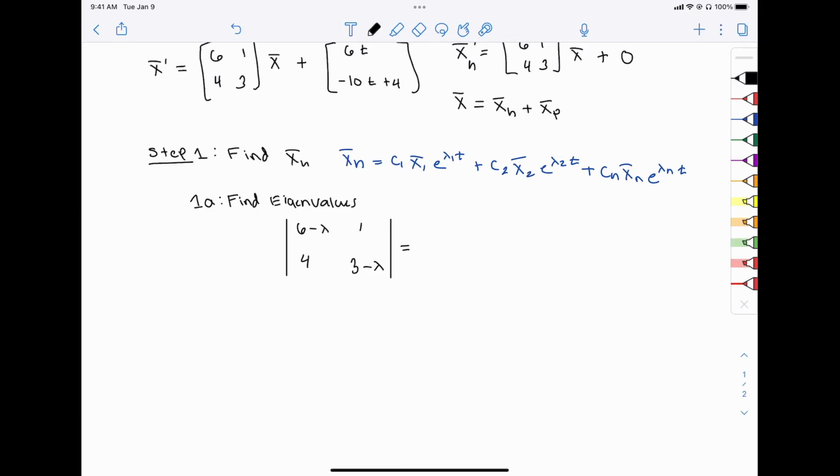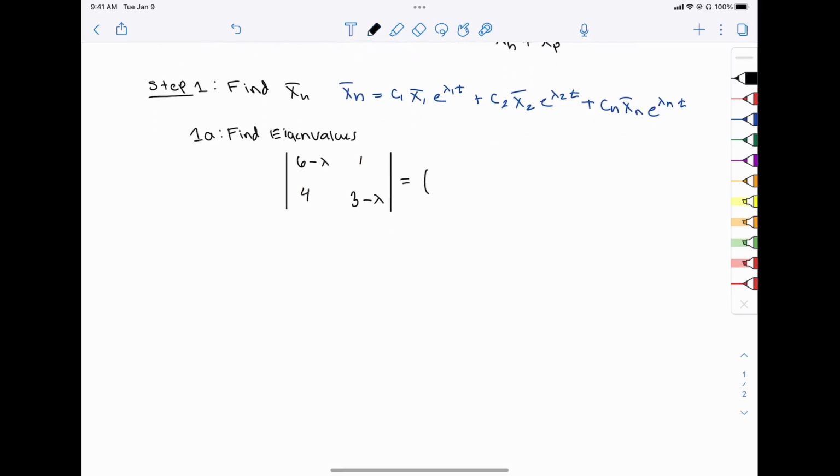If you remember determinants, it was just these two multiplied by each other minus these two multiplied by each other. So that's equal to 6 minus lambda multiplied by 3 minus lambda, minus 4.